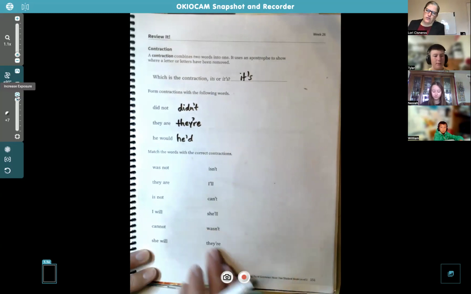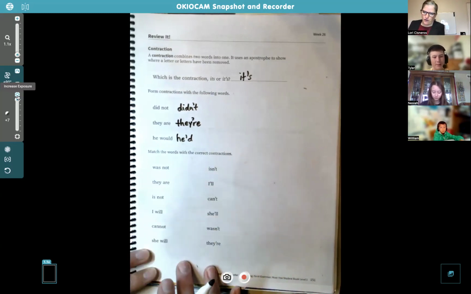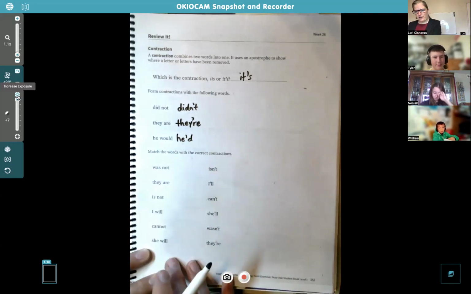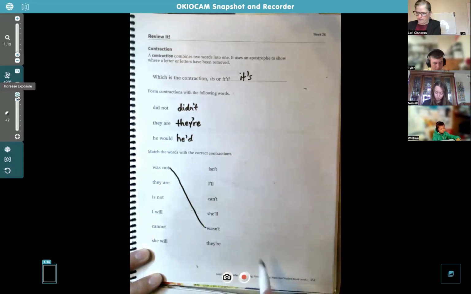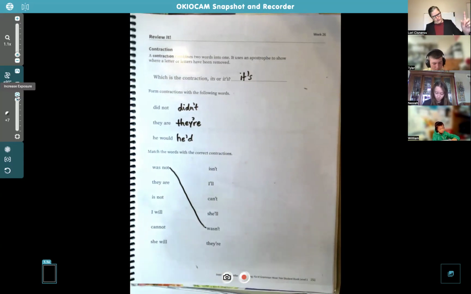Here, I think you guys know this. I mean, you guys know contractions. I want you to do this part by yourself, and then we'll talk about it. Basically, what you're going to do is connect with a line from the 2 words to the contraction. So go ahead and do that really quick, and then we'll talk about it.